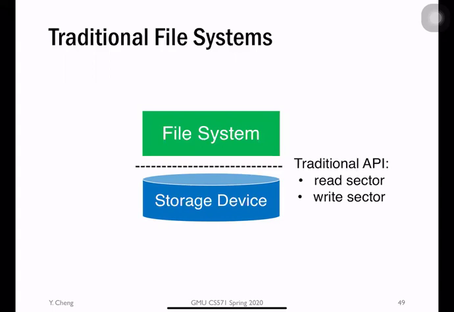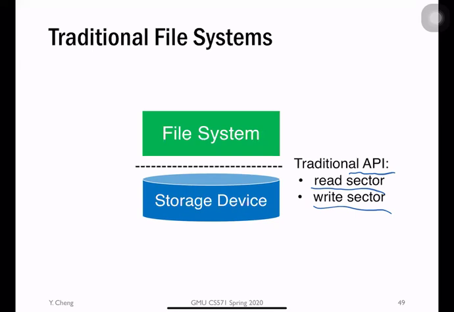So the traditional file system was used to support the traditional spinning mechanical hard disk drive. And recall that for a hard disk drive, its operation model is relatively straightforward, right? It only supports traditional read and write APIs, which are read sector and write sector, or read disk block and write disk block.